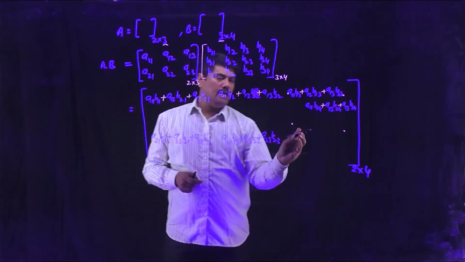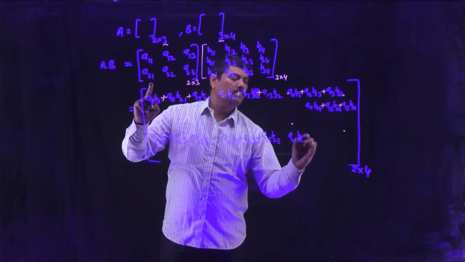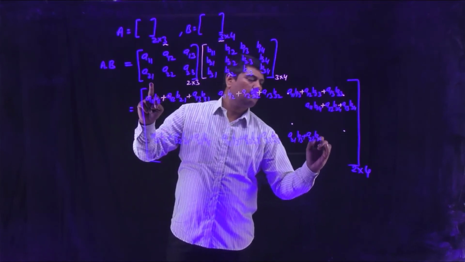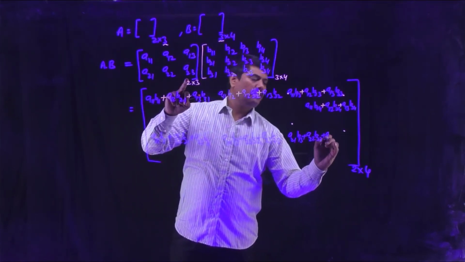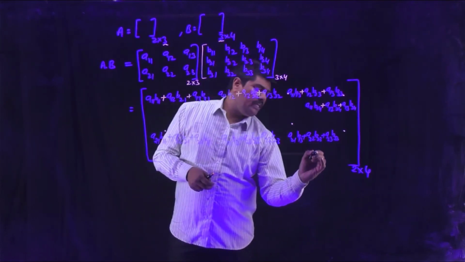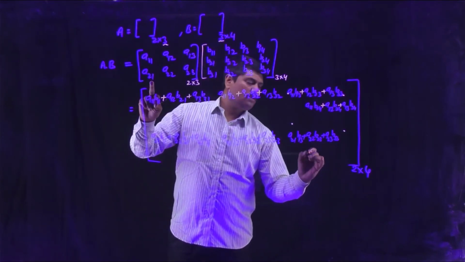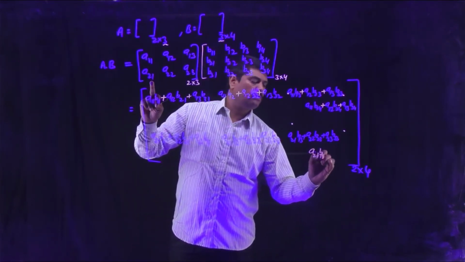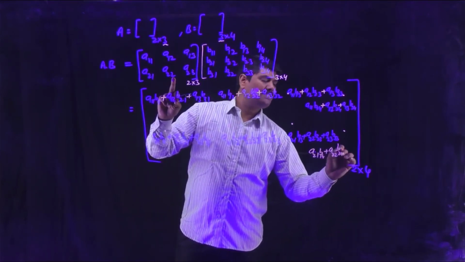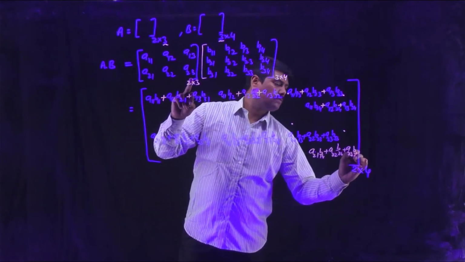This is the second row third column, multiplying with the second row: A21 B13, A22 B23, A23 B33. Write the fourth element here, which is second row fourth column: A21 B14 plus A22 B24 plus A23 B34.